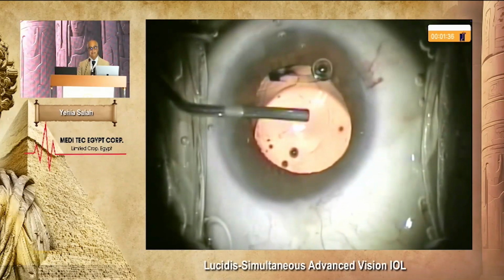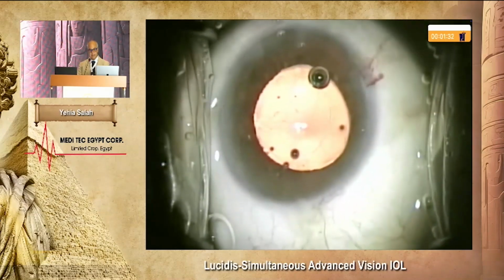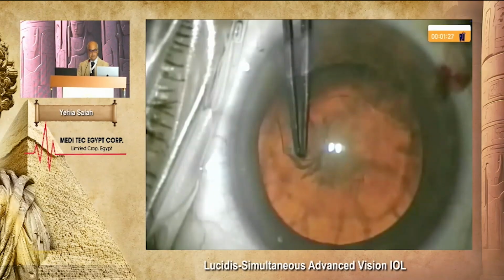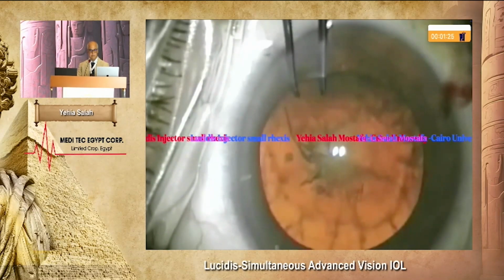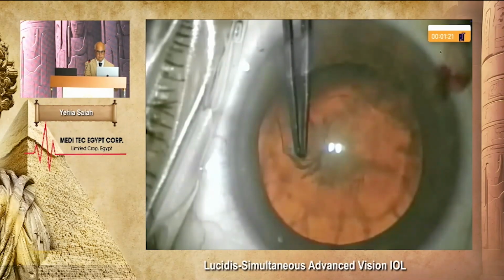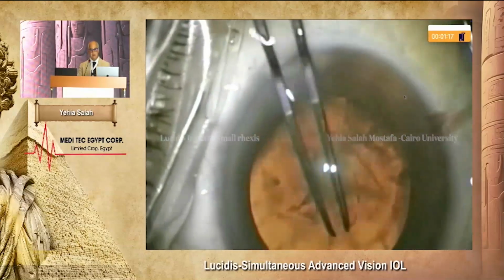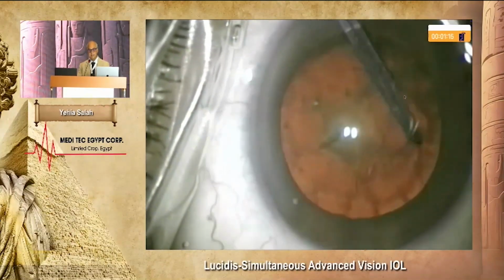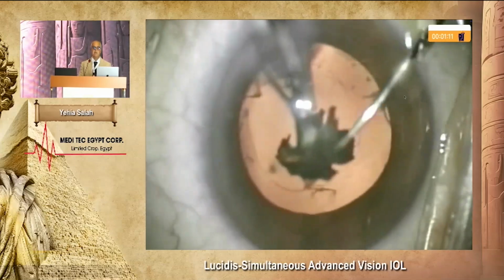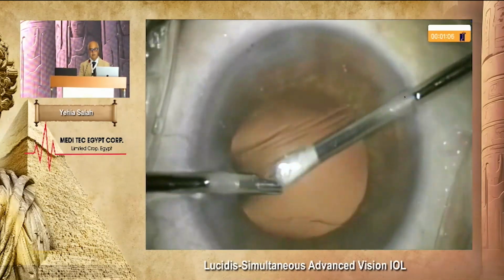So you see, once haptics are properly positioned, gently, you can see the lens is perfectly centered. Again, this is a little bit small rhexis. So you do your technique, you finish your surgery, fill the bag with viscoelastic, and then you can implant.